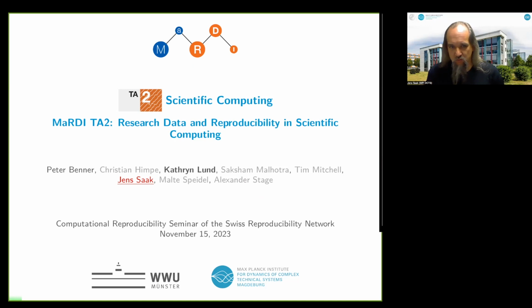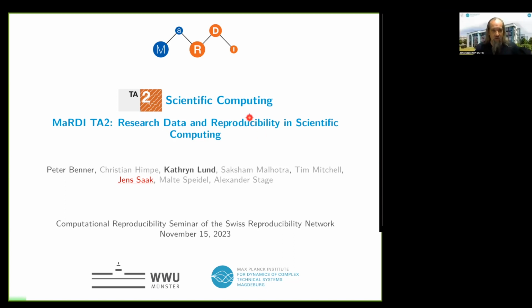I'll not go too much into detail about the global scale, the National Research Data Initiative, but I'll introduce the Mathematical Research Data Initiative, MaRDI, and I'm especially going to focus on activities in task area 2 on scientific computing, and there even more specifically on the one measure that I am involved in.